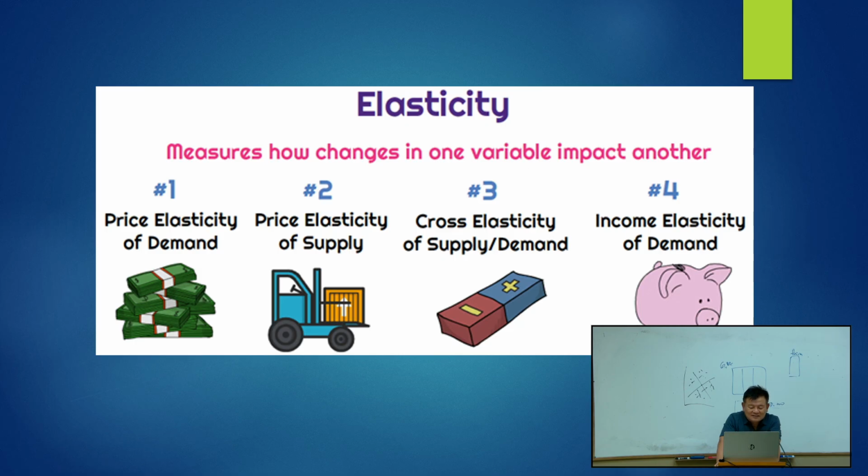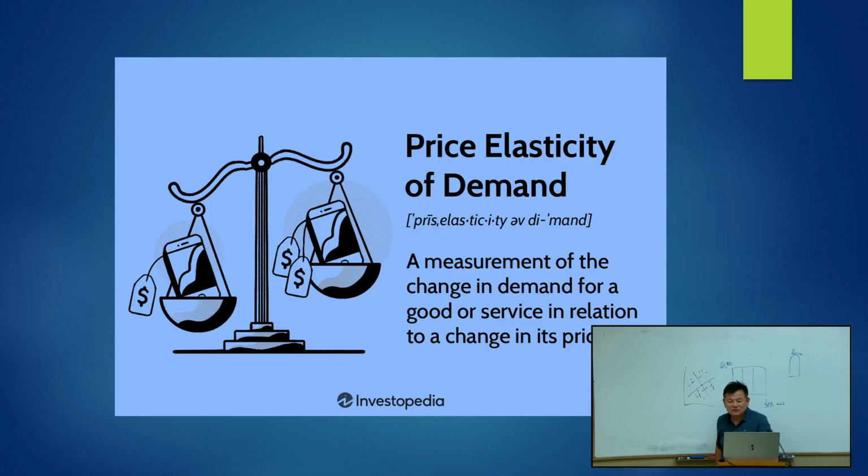Then cross elasticity of supply and demand, and income elasticity of demand. Finally, some variables impact other variables. This is elasticity, okay?